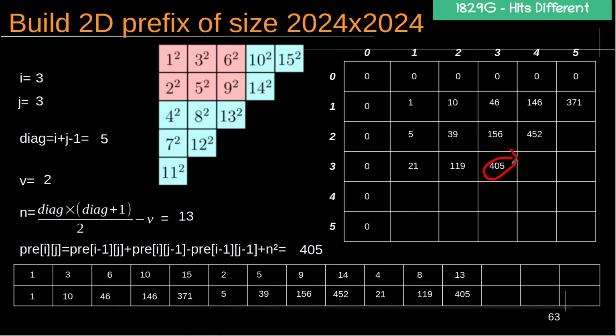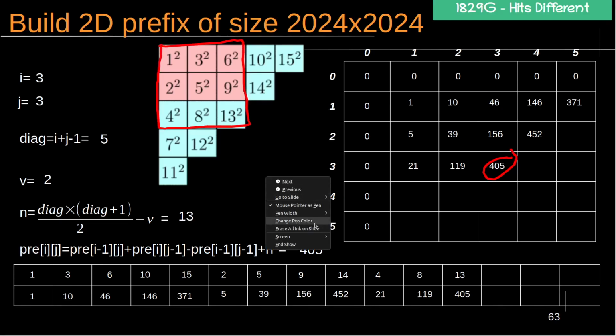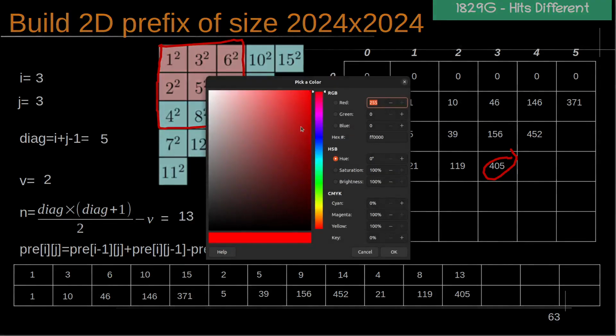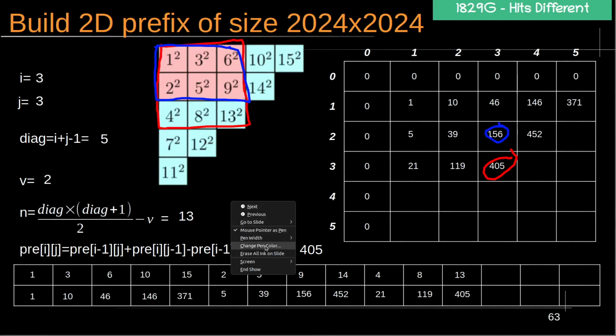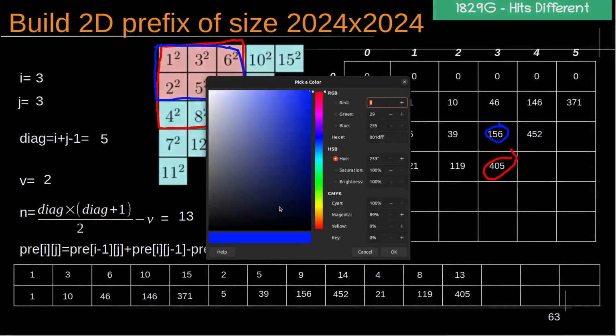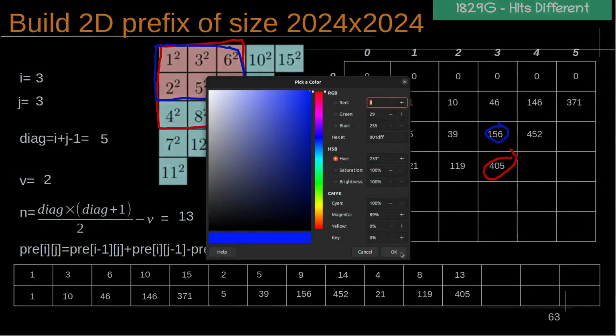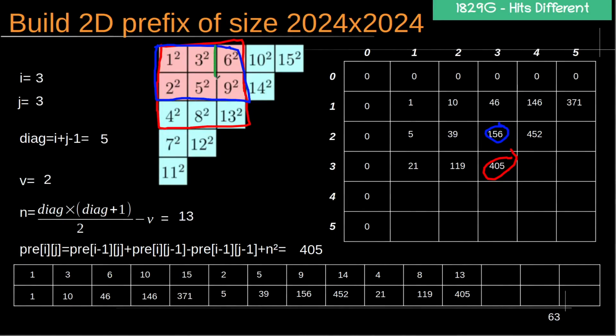So the sum of this cell is equal to the sum in this array, which is the sum of this one in blue, plus the sum of this one in green.